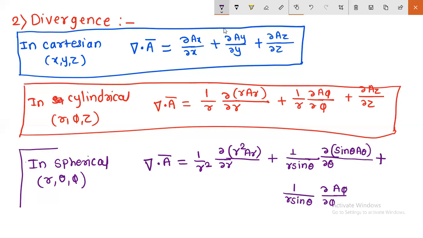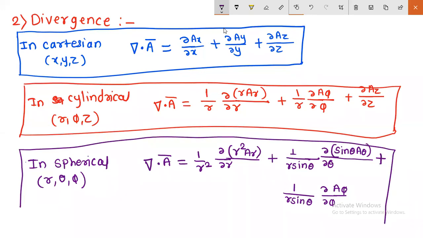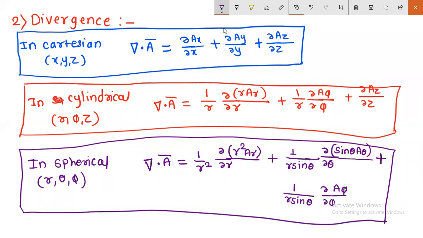This is the formula in the spherical system. So note it correctly because you have to remember this.